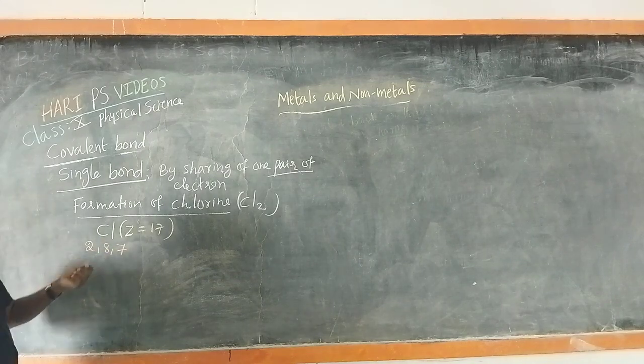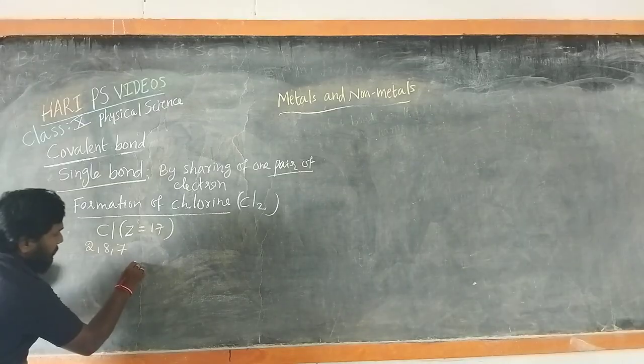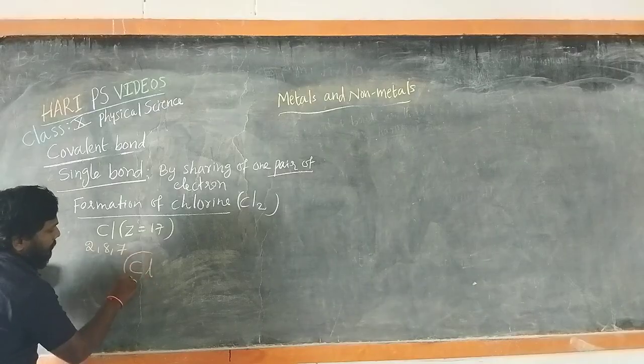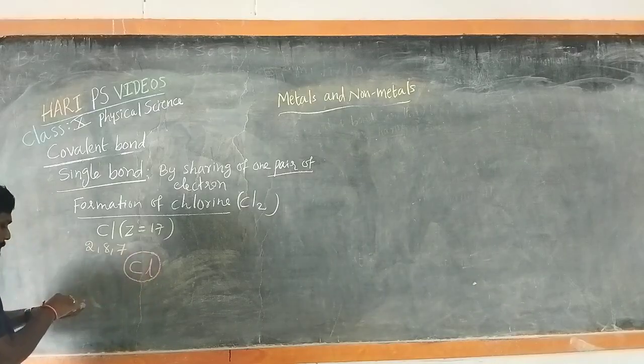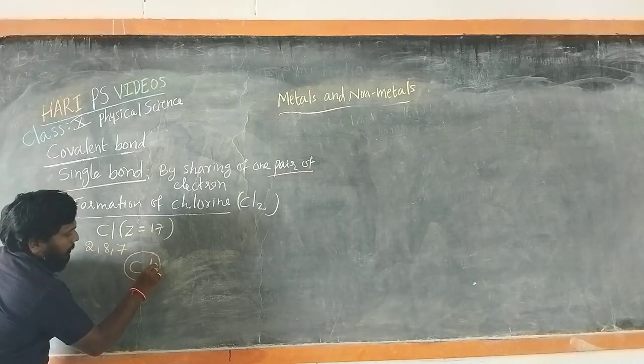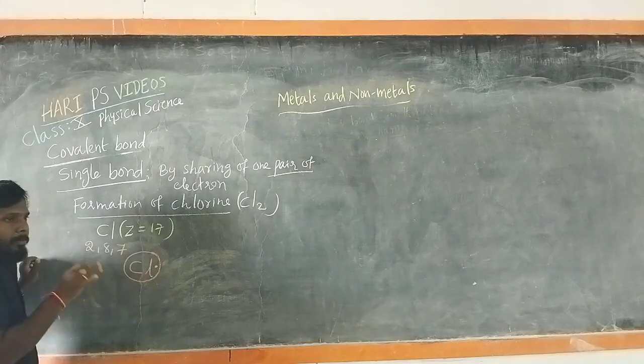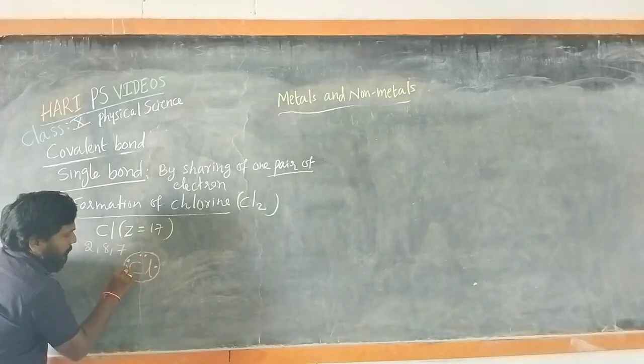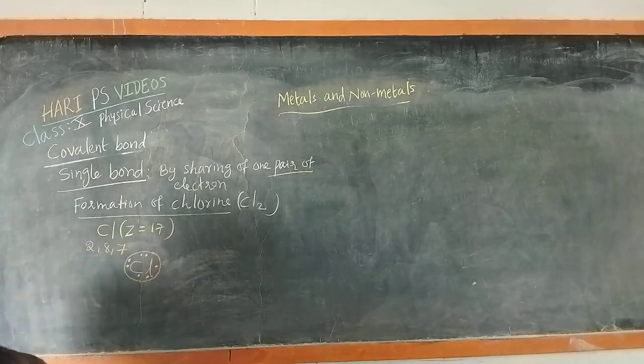When we represent this with the Lewis dot structure, Cl, we represent only the outermost electrons: 1, 3, 5, 7.